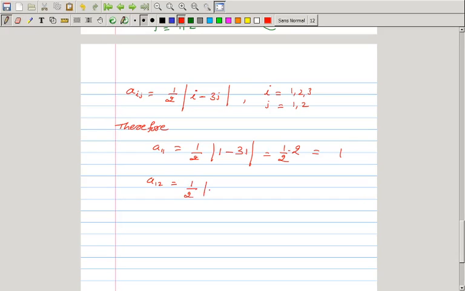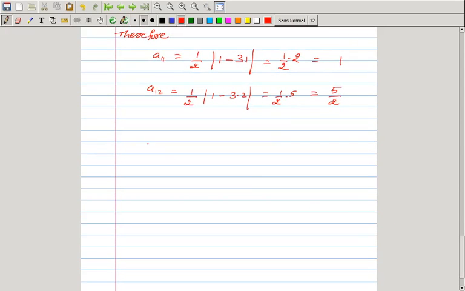Half modulus of 1 minus 3 into 2. 3 into 2 is 6, 1 minus 6 is minus 5, the modulus is 5. So this will be half into 5, that is 5 by 2.